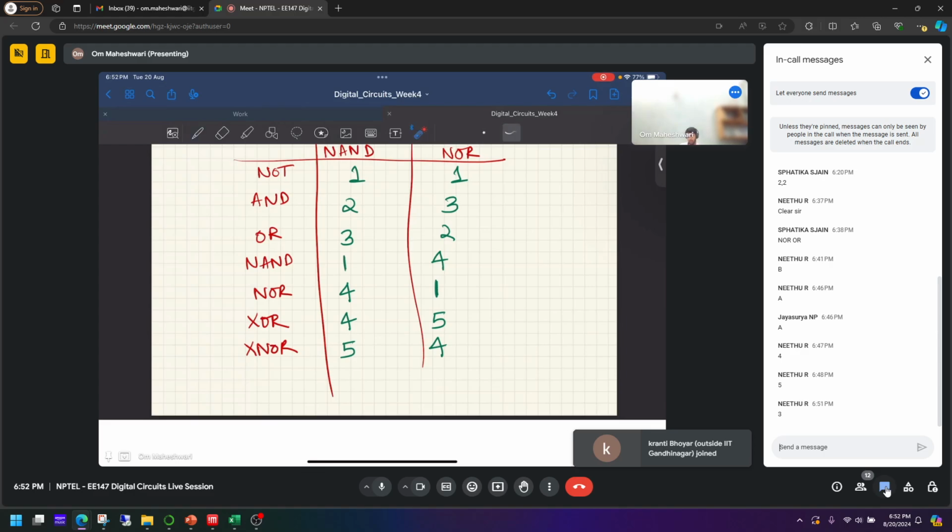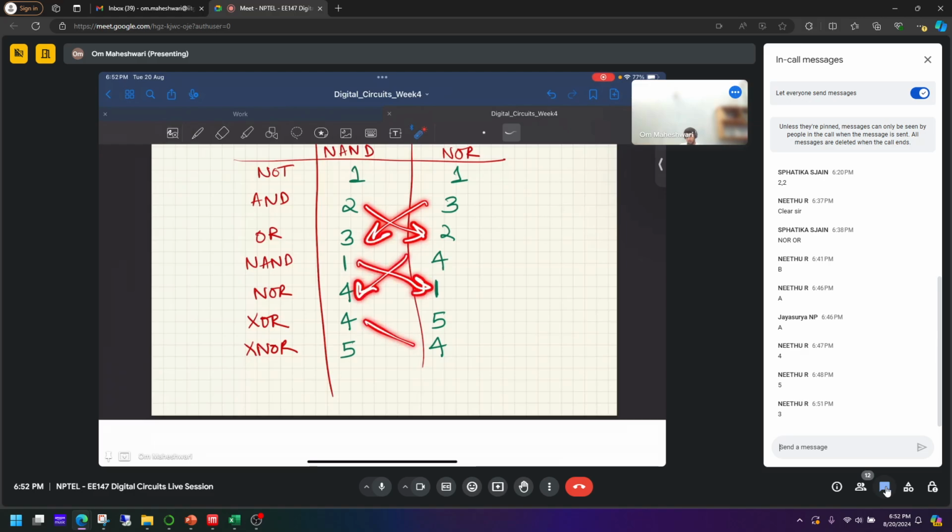Okay, so if you see there is a pattern, right? If you ignore the first one, there is always this interchange here. So it would be better to just remember one, and for the other one you can already write it by interchanging.